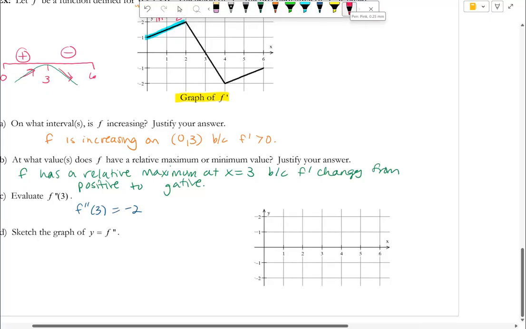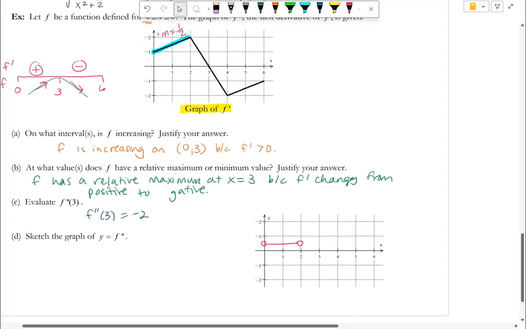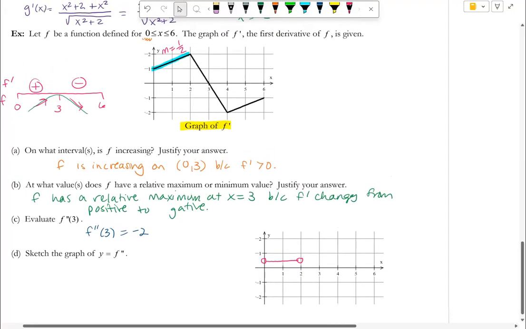So I'm going to estimate 1/2 on my y-axis. I'm going to use an open circle. And from 0 to 2, my second derivative is just 1/2. Now again, we said that at x equals 2, f prime is not locally linear, meaning our second derivative is non-existent there.